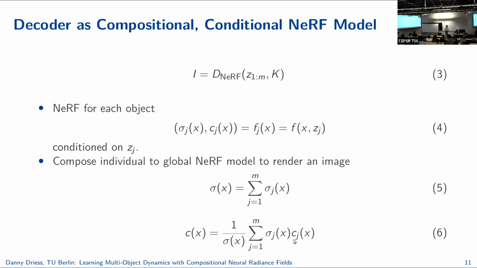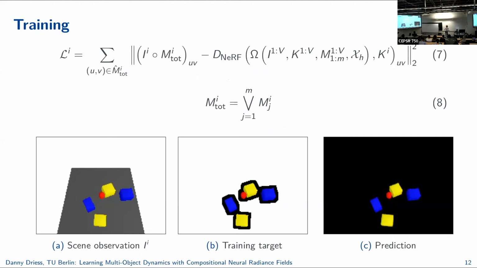And using this, we are able to have as supervision signal just the full image, and that is being used as an image reconstruction loss through this compositional rendering. Okay, so this is how we can generate a set of latent vectors from a scene, which is able to generalize over different numbers of objects.